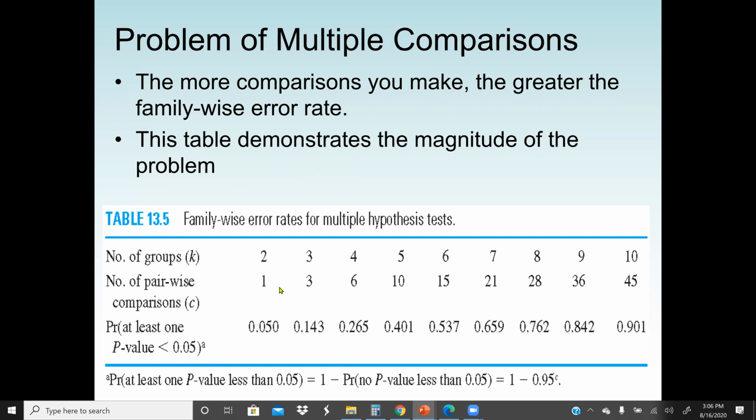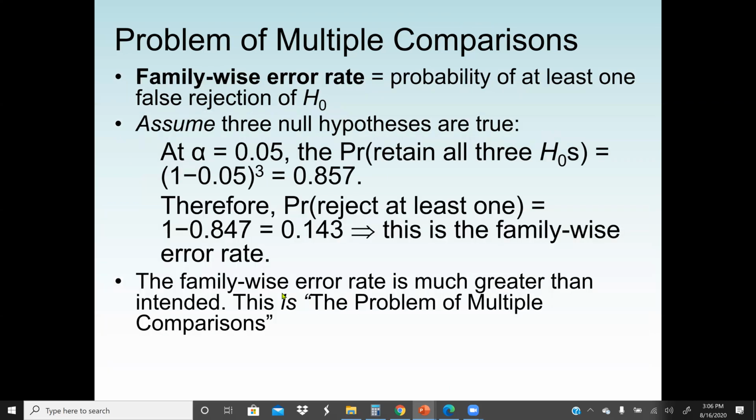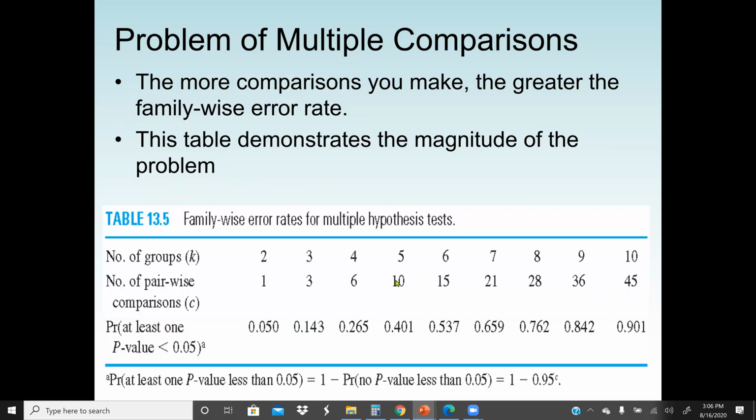You say here we have 0.05, the alpha. We have 3 different comparisons, so it's 1 minus 0.05 to the power 3, and the answer we get, we subtract it from 1, and that will give us the probability of rejecting at least 1. And those are the values here. So for example, let's say we have 8 groups.